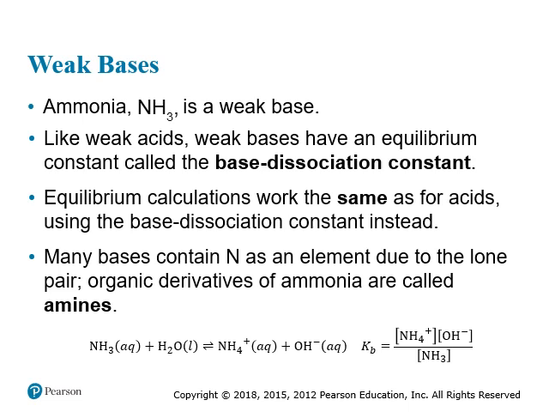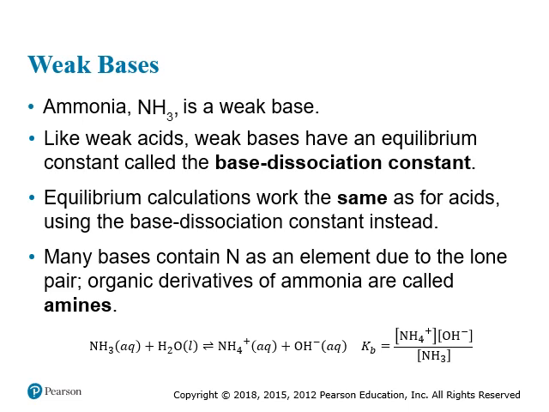So the Kc value, we would dub a Kb, which is the base dissociation constant. The equilibrium calculations work exactly the same for acids as they do for bases. Rather than using the Ka value, we would instead use the Kb value.